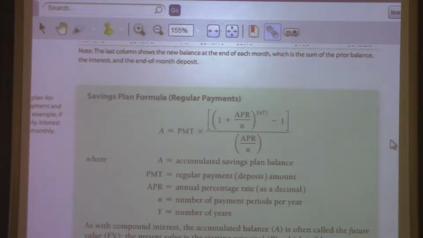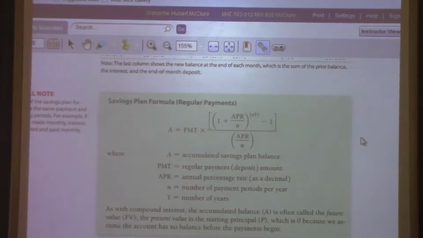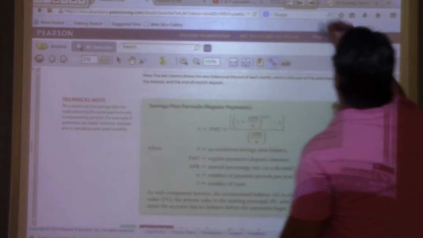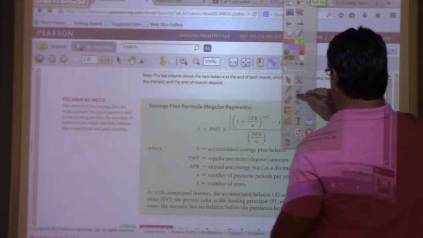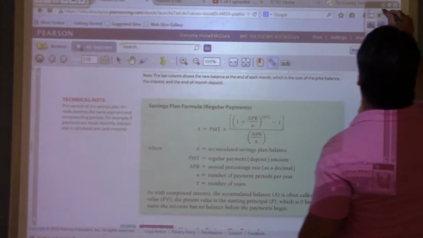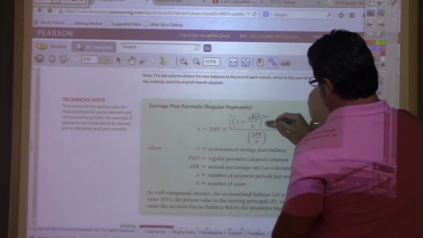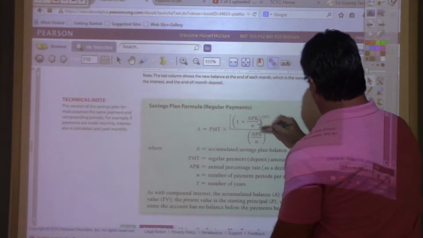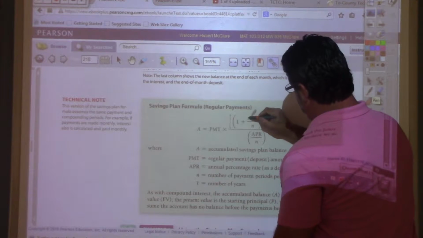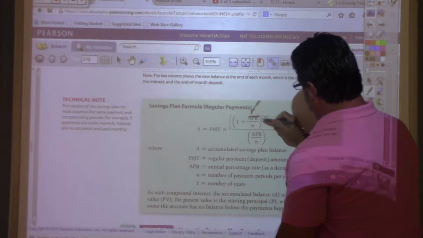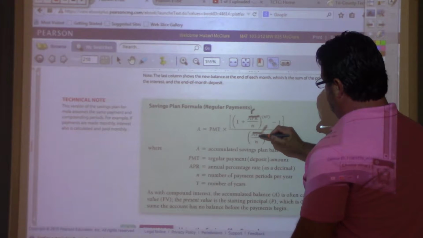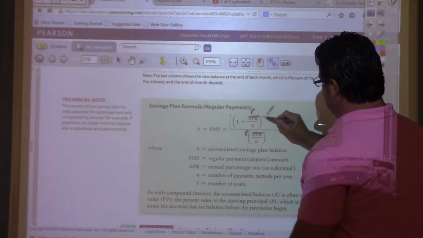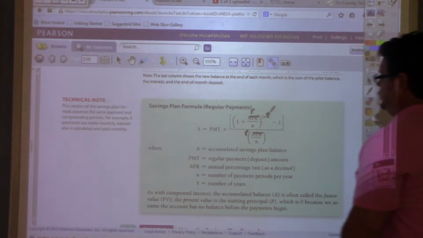But in most of your mathematics courses, this APR is going to be called R. So I would call that R, and that R, and change that Y to a T, because that's what it's usually called.